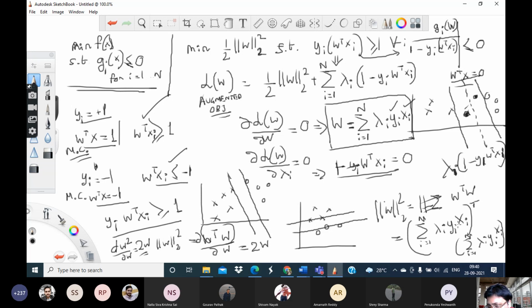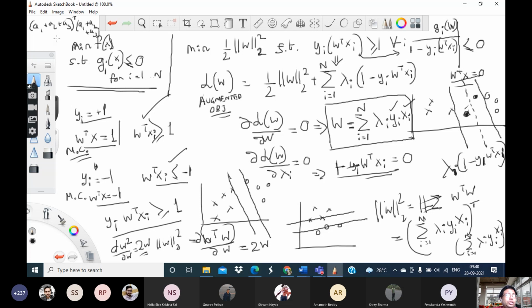Now, how do I express this? This is clearly a linear combination of several vectors dot producted with itself. It's almost like saying you have vectors (a1 plus a2 plus a3) transpose times (a1 plus a2 plus a3).